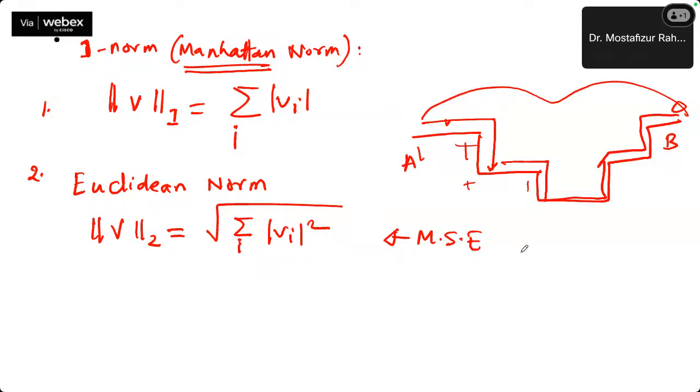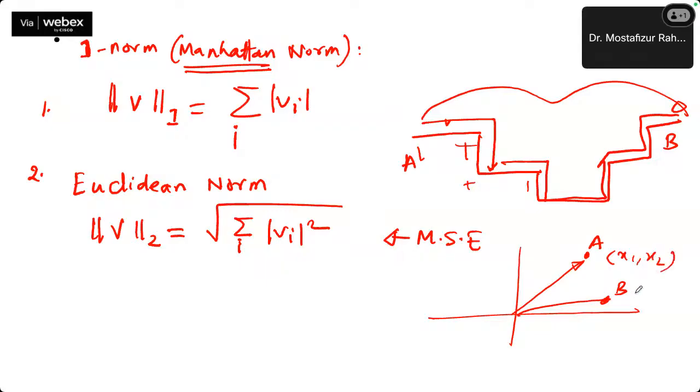If you are in a Cartesian coordinate system at a point A and you want to calculate the distance between the two vectors A and B, with components x1, x2 and y1, y2, you simply take the Euclidean norm: the root of (x1 minus y1) squared plus (x2 minus y2) squared. That's your Euclidean norm.